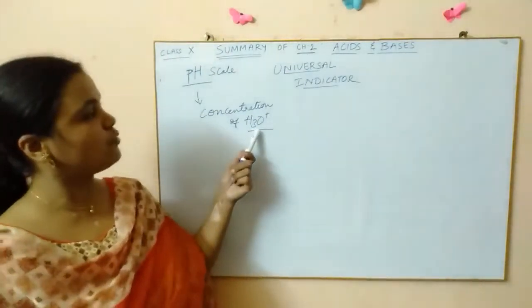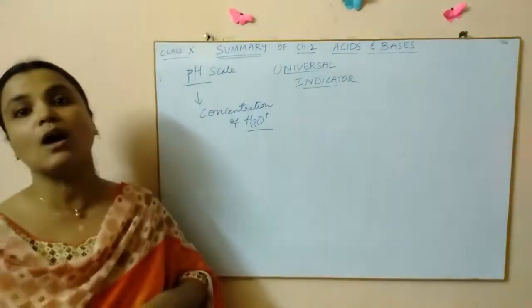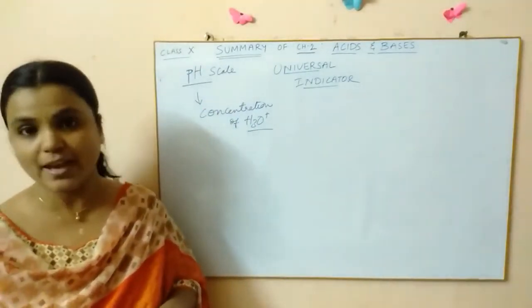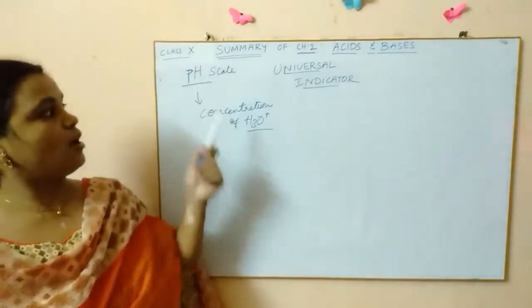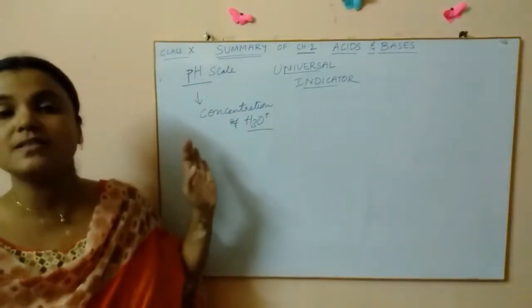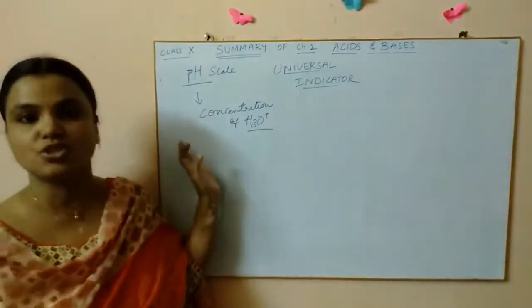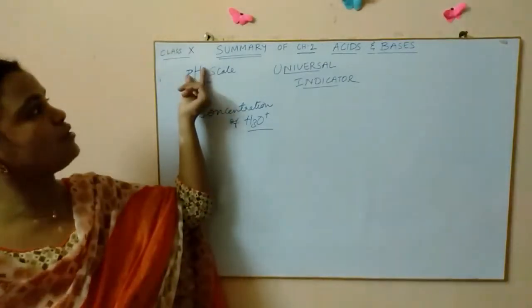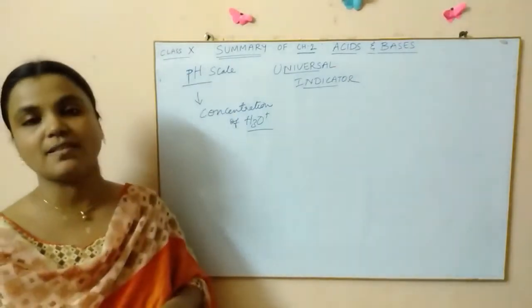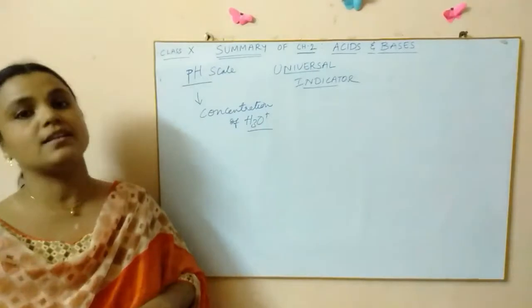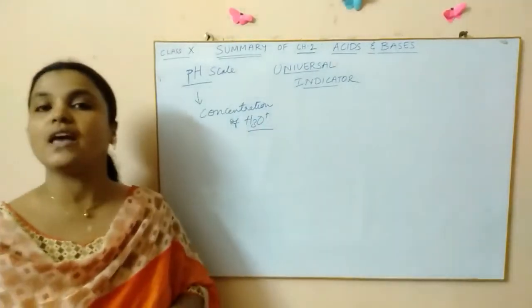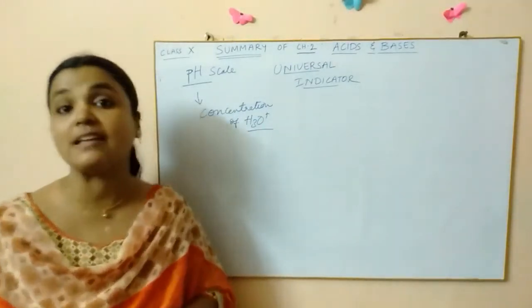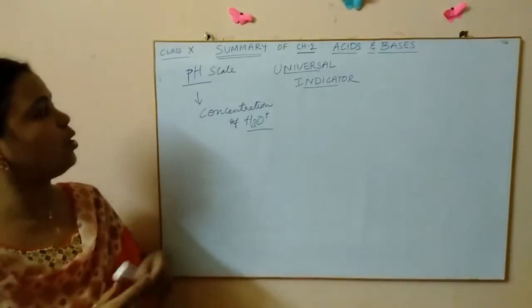If you measure this, you can understand how strong or weak an acid is, right? So the pH scale, where P means potenz in German, children, tells you how much hydrogen ion concentration is present in the solution.